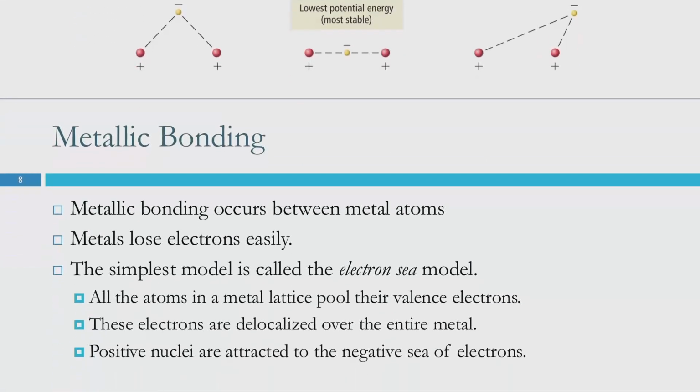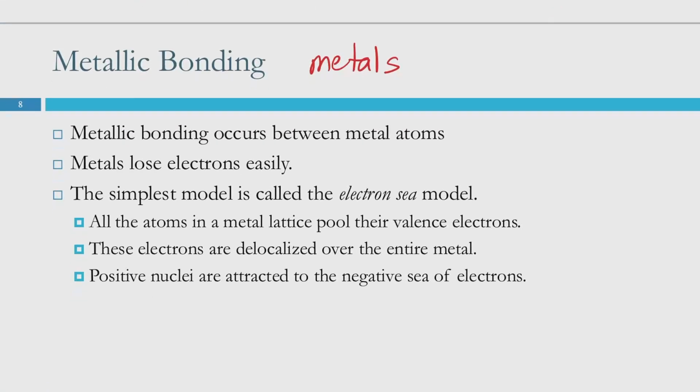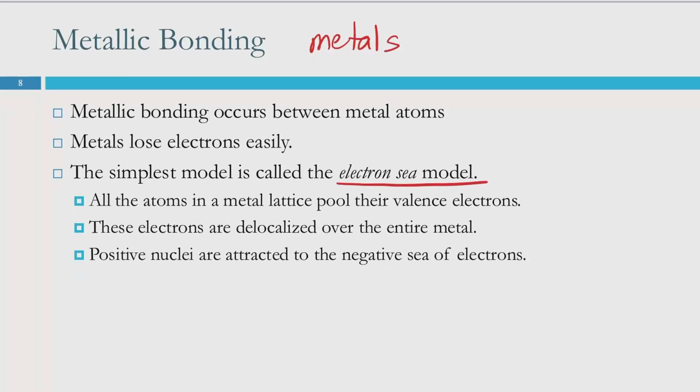We also have metallic bonding, which, as you could probably guess, occurs when we've got metals. Our simplest model for metallic bonding is the electron sea model.